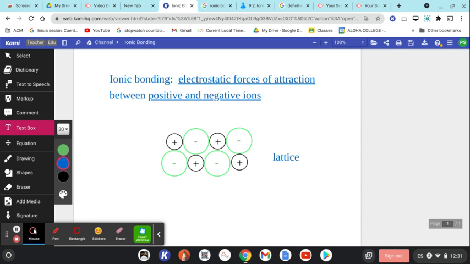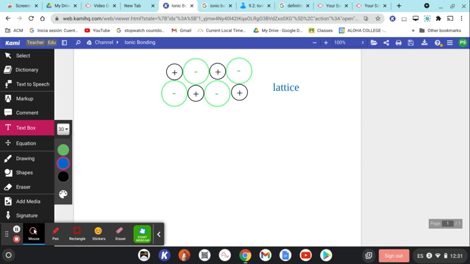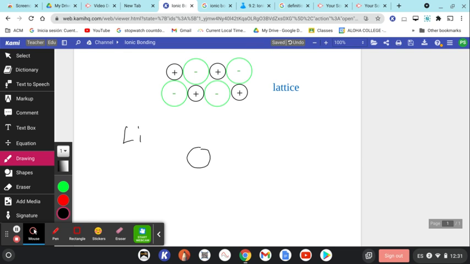Now, why do we have this type of bonding? Let's look at an example. If we think about lithium, lithium has 3 electrons in total. So if we were to draw these electrons in the shells, first shell you have 2 electrons, and the outer shell you have 1 electron.